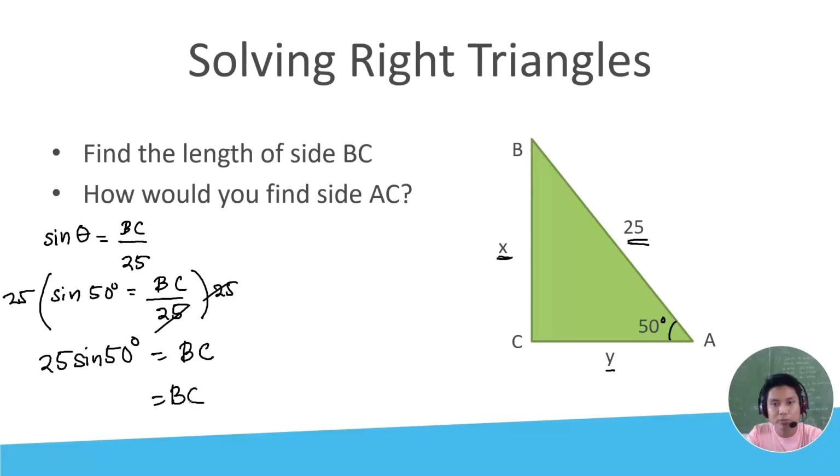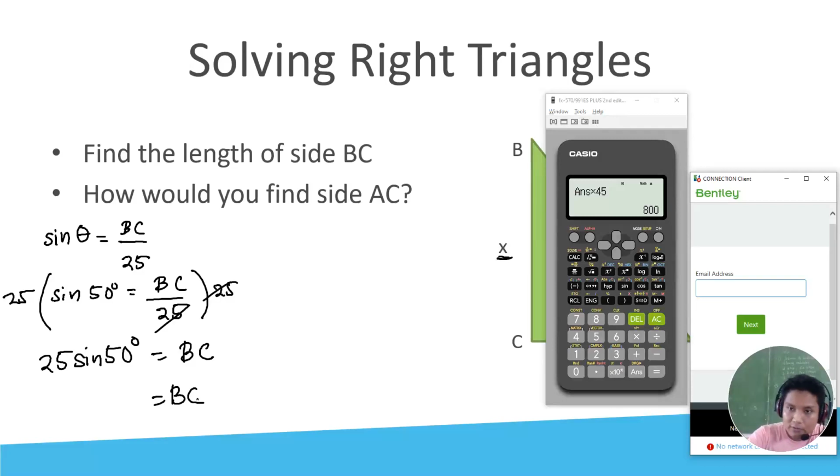So compute 25 sine 50. Make sure that your calculators are in degree unit. Where can you see that? Right here, as you see here, this letter D here means that the unit for angles that you are using is in degrees.